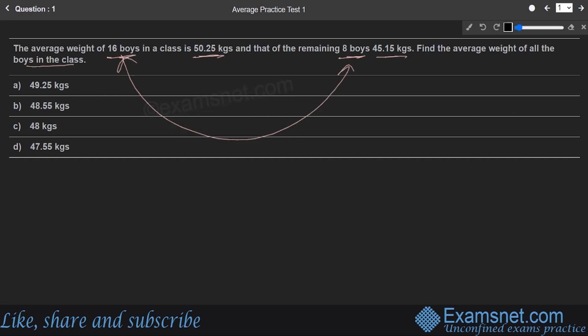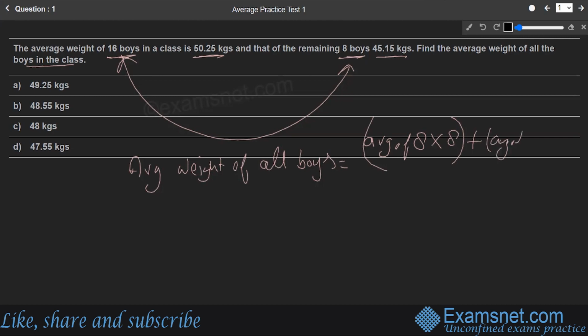Okay, so if you want to calculate the average weight of the whole class, the average weight of all boys, how can we calculate? We can calculate that by taking the average of 8, that is already given, multiplying that by 8, plus the average of the remaining 16 multiplied by 16.